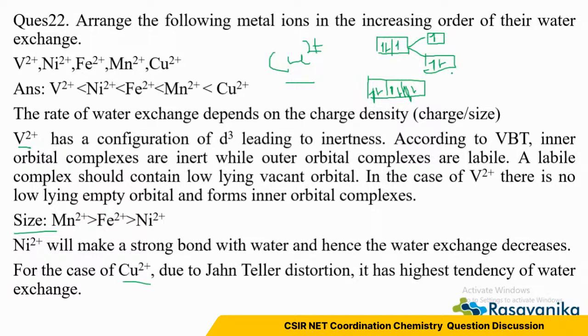So that is about the JTD, Jahn-Teller distortion. So the bonds become weak basically in the tetragonal. The octahedral complexes experience Jahn-Teller distortion. So that is why the bonds become weak and it has the highest tendency for water exchange. So they can exchange the water ligands easily, right?